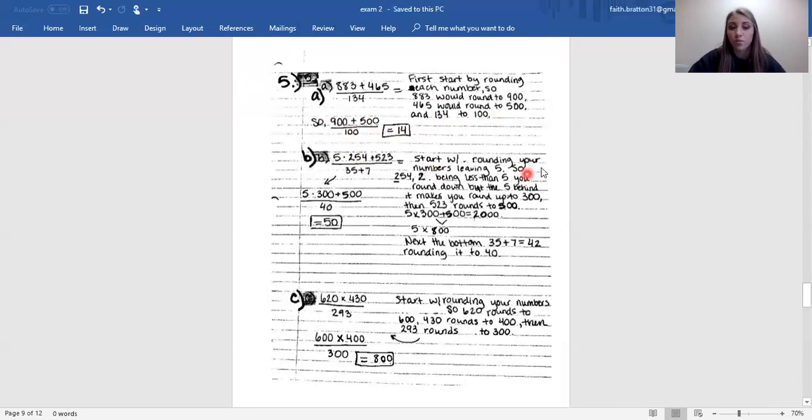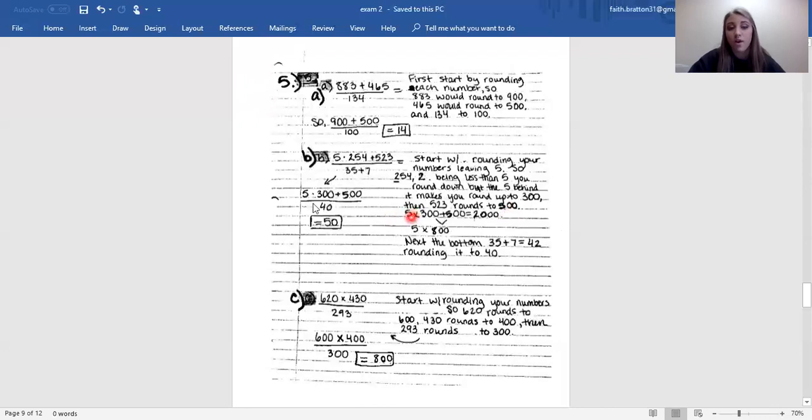For this one, you start with rounding your numbers just like the top one. 254, or you leave 5 alone, the multiply, just leave it alone. Okay, so 254 rounds to 300. 523 rounds to 500.